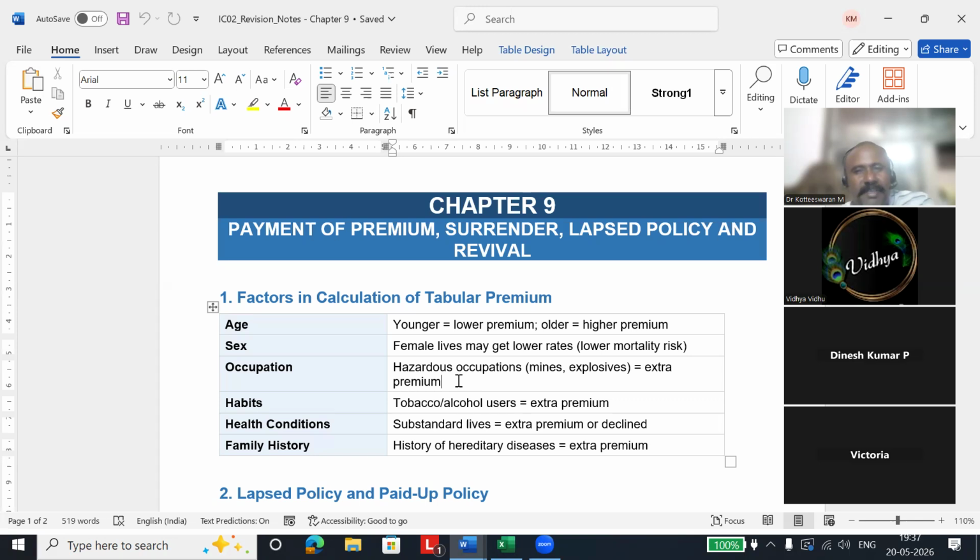In a risky occupation, the risk of death is high. So they will charge higher premium or extra premium compared to normal occupations.